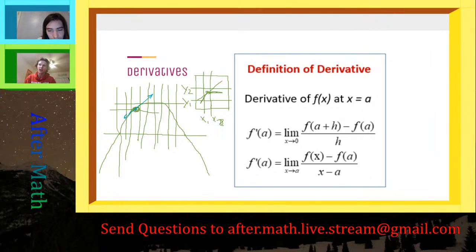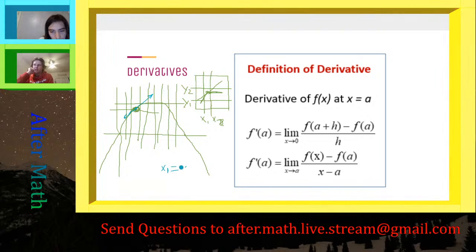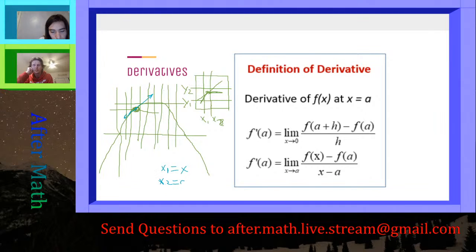So, you've got this x1 and x2, so according to our definition over here, we could say that x1 is going to equal x, and then our x2 equals a.